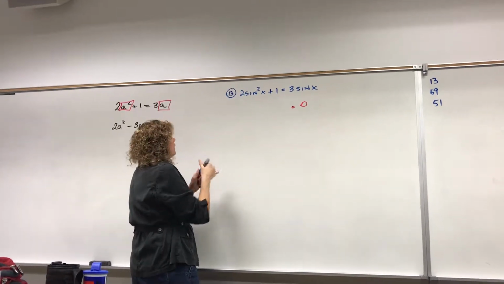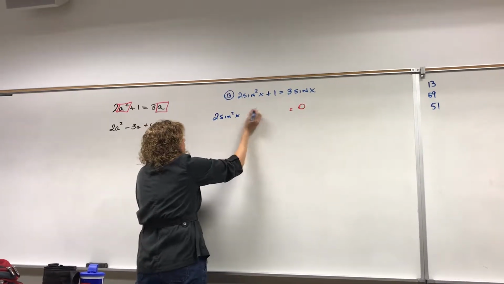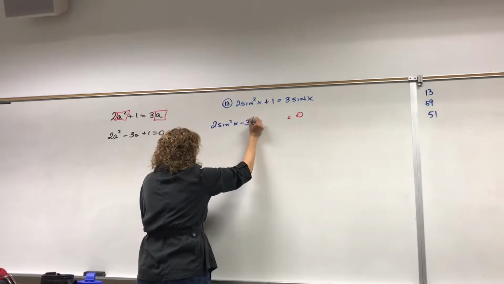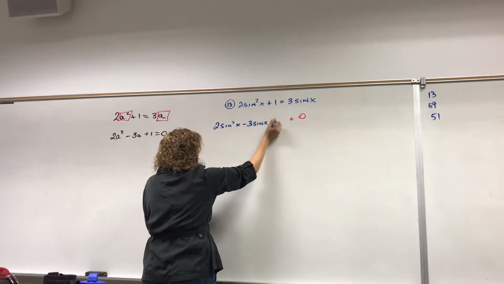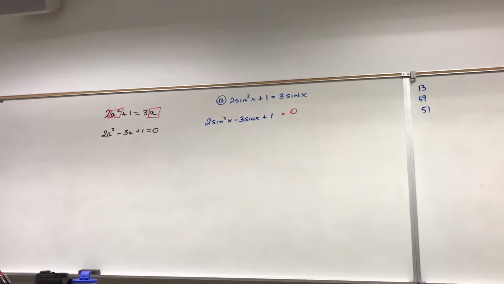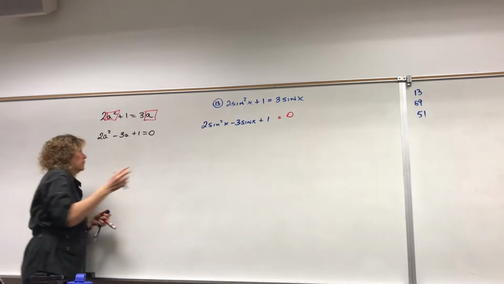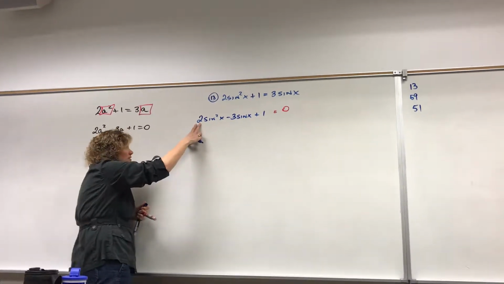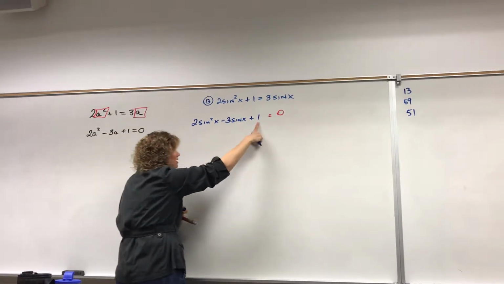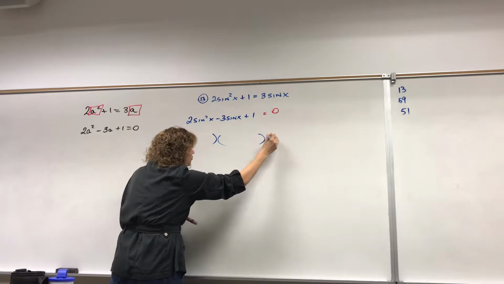So if we write 2 sine squared x, bring that 3 sine x to the other side by subtraction and write it in decreasing order of exponent. Now we're just going to factor. When your leading coefficient is prime, I only have one choice, 2 and 1, and your constant is prime as well. It's not so bad to just go for the factoring.